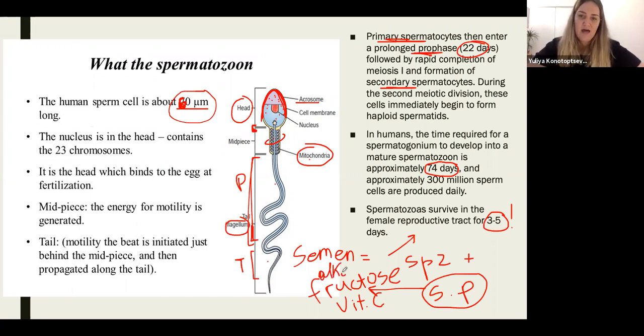Why do we need alkalase? To survive in the acidic environment, because the female reproductive tract is actually acidic. For the semen to survive in the vagina and uterus of the female, you need to increase the pH, right? So that's what the alkalase is going to be doing.